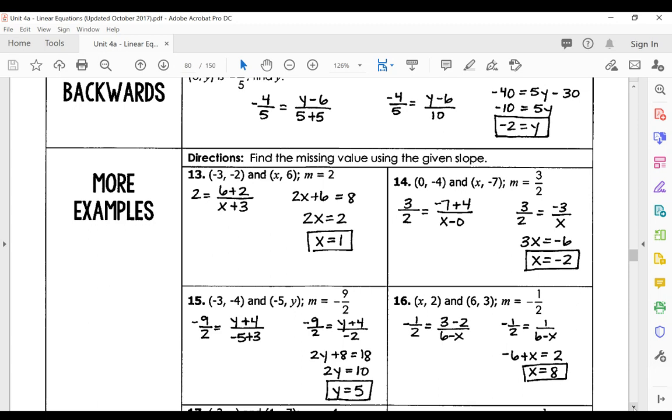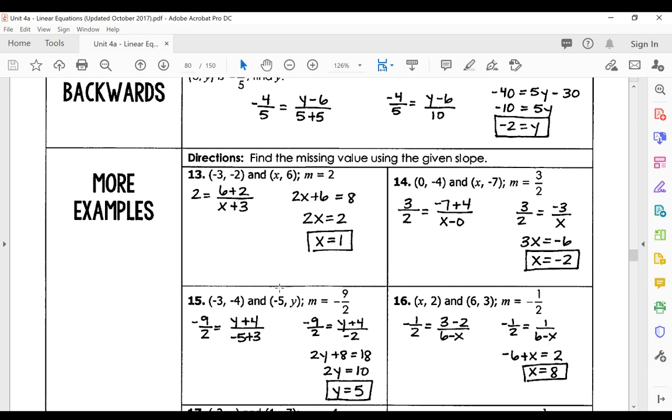For number 15, we are given that the slope is -9 over 2. So we plug in our points. Y from the second point is y, minus y from the first point is -4, and y minus -4 is y plus 4. In the denominator, we subtract our x values.